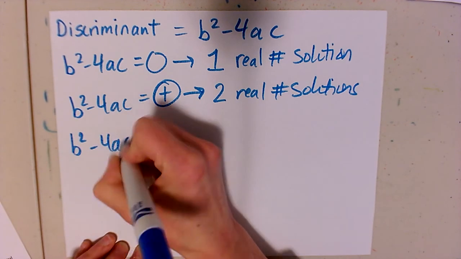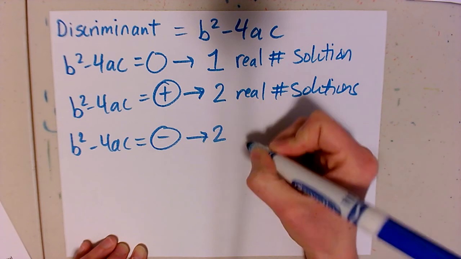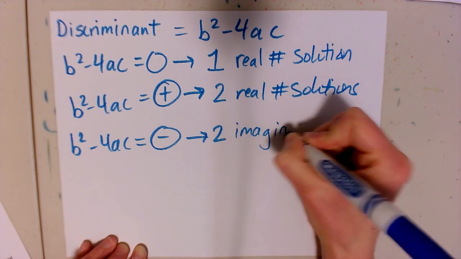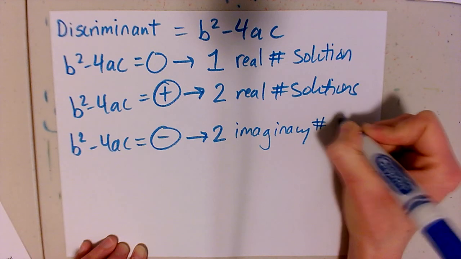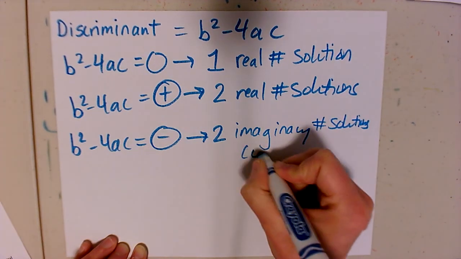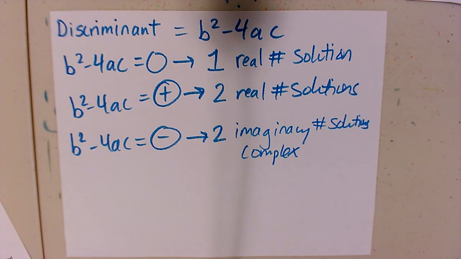If b squared minus 4ac is negative, then you'll have two imaginary number solutions. Or I could say imaginary or complex. Your answers are going to include an i. Okay, so all we're doing for this is figuring out if b squared minus 4ac is 0, positive, or negative.